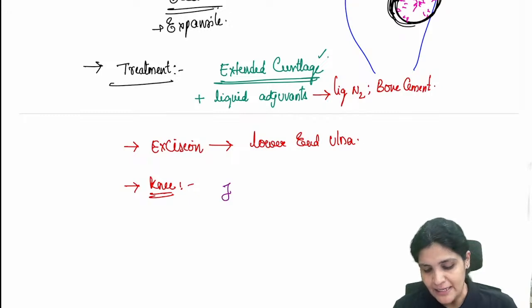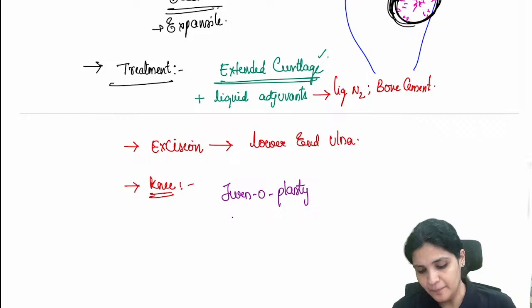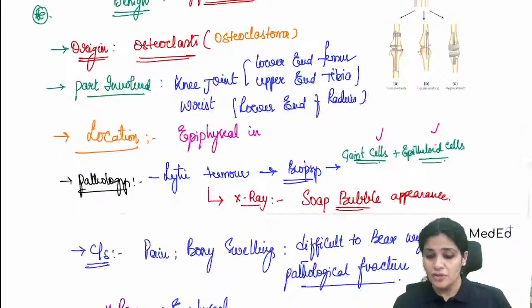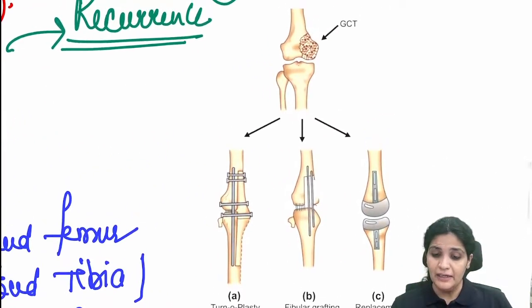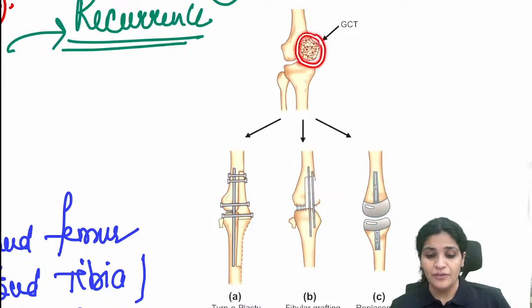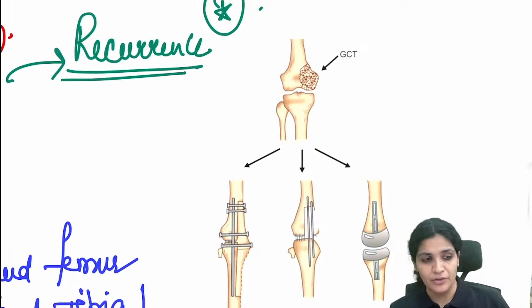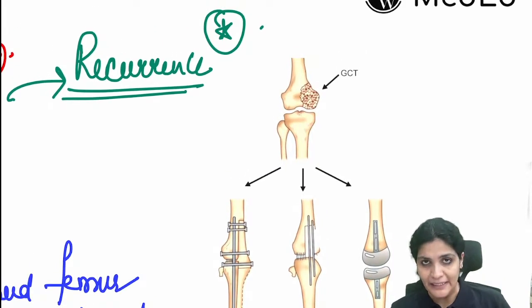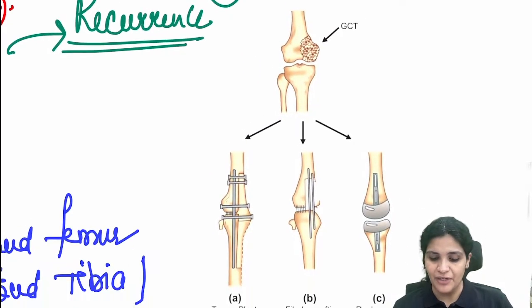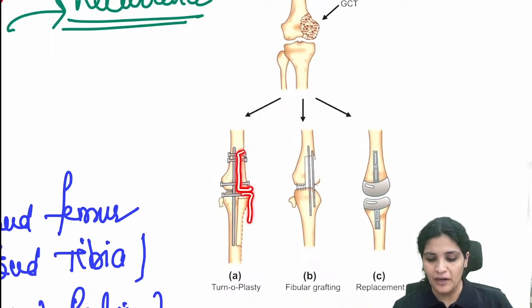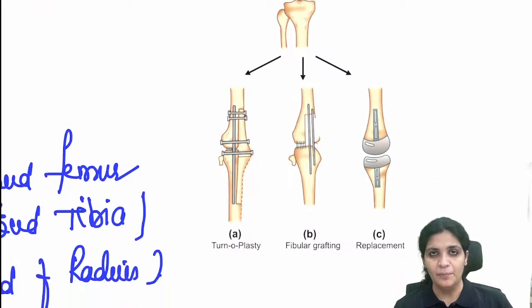So this is called turnoplasty or fibular grafting. This is the diagram. If you see here, in the lower end of the femur, we have the GCT. Here we usually do curettage, but if the bone is lost completely, then we have to take the tibia, cut the tibia into half, and combine the upper half and lower half, then we put the implant.